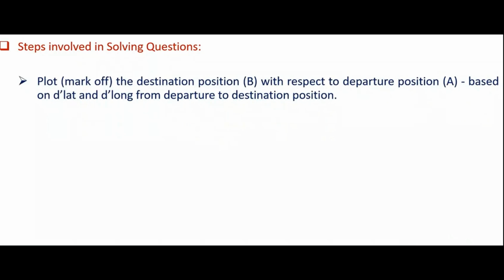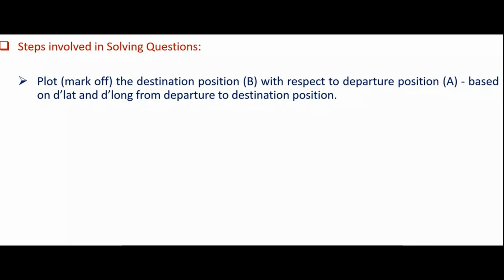First, we need to plot or mark off the departure position, and in relation to the departure position, we need to mark off our destination position. So if I wish to call the departure position A and the destination position B, then I need to mark off B in a relatively correct place with respect to A. What does it mean?